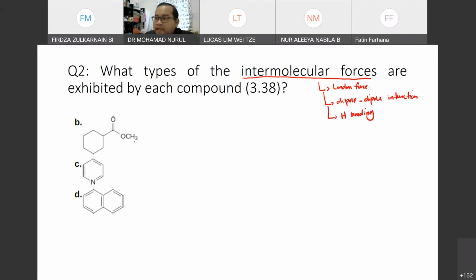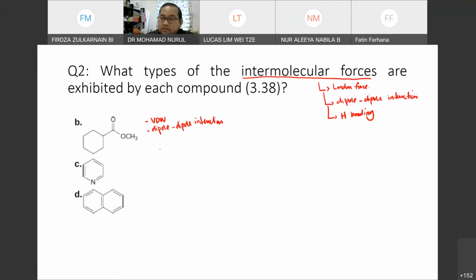Okay, so for B, they have van der Waals and also dipole interaction. They have only 2. No hydrogen bonding, because this functional group doesn't have any H, no OH bonds.